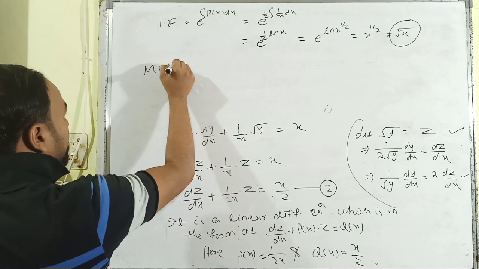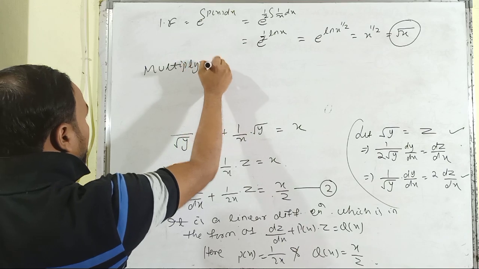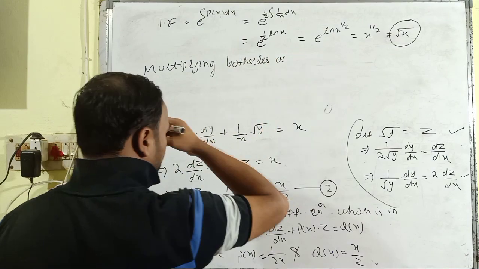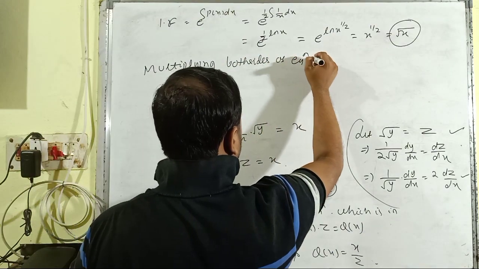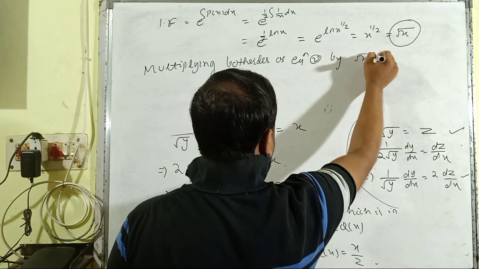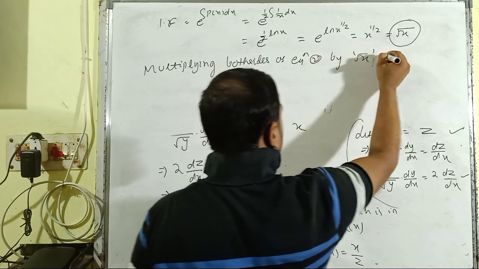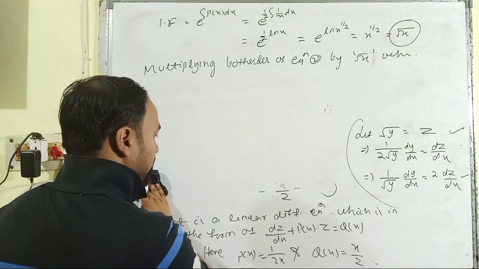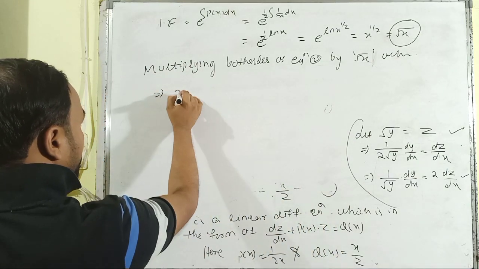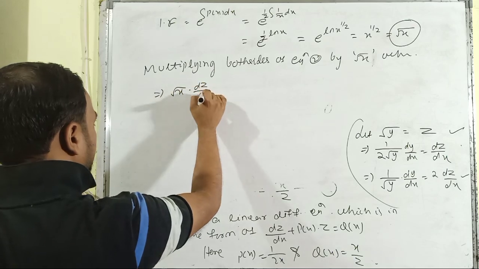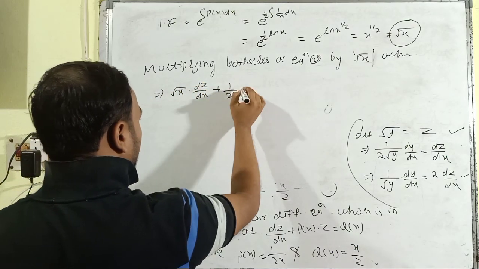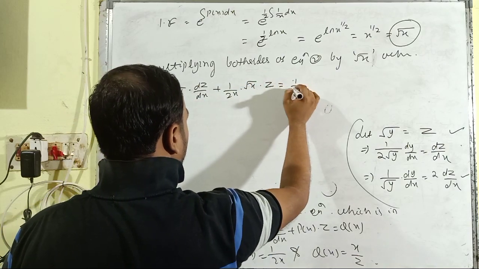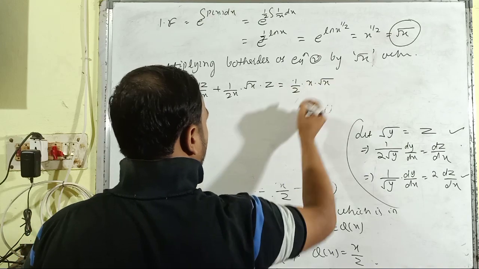So multiplying both sides of equation number 2 by square root of x, we have square root of x dz upon dx plus 1 upon 2x square root of x, then z, is equal to 1 upon 2x multiplied with the square root of x.